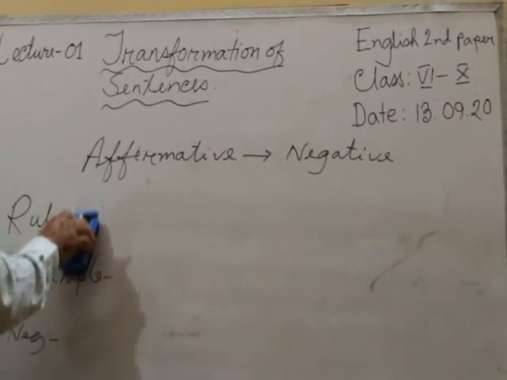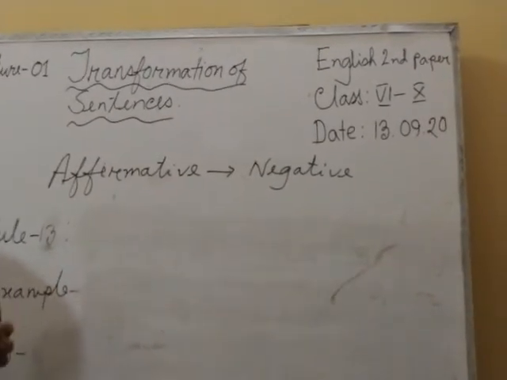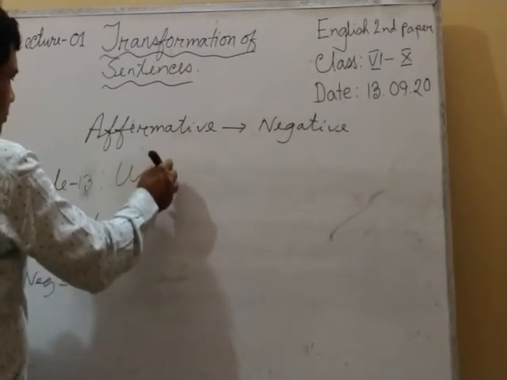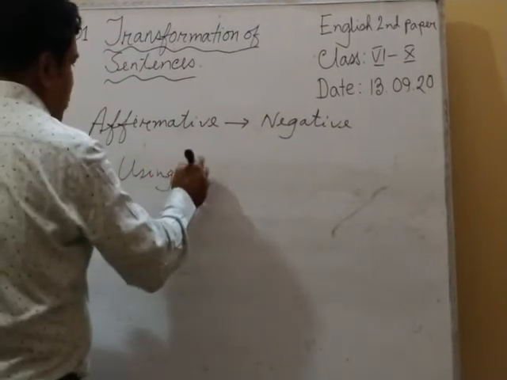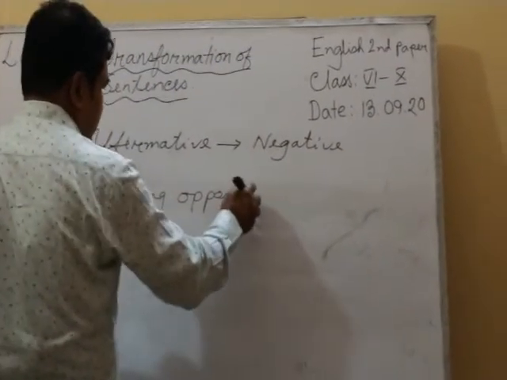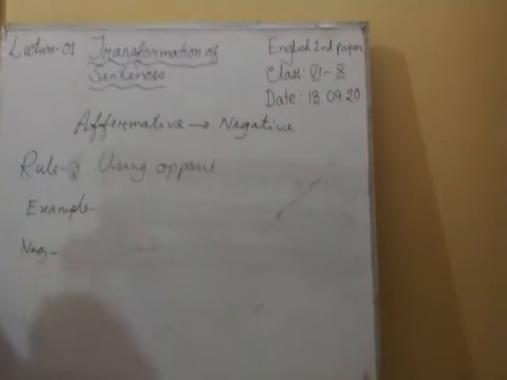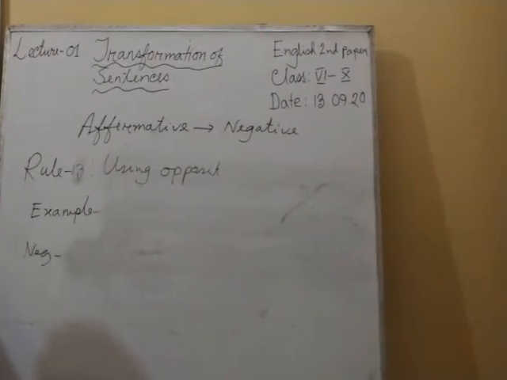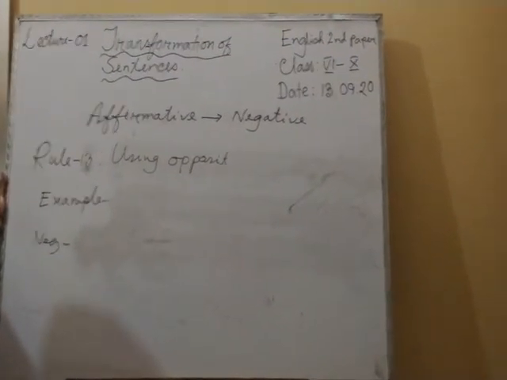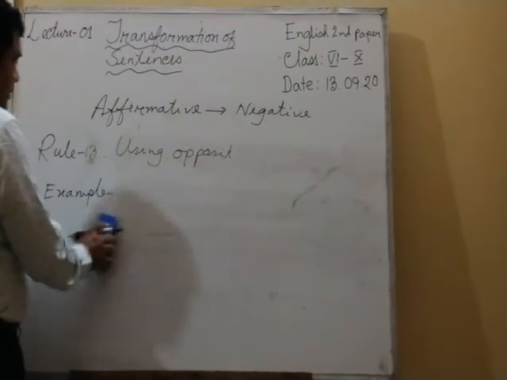Rule number 13. Using opposite word. Dear student, you will find many affirmative sentences where you will have to use an opposite word to make negative. Okay? Look at the example.